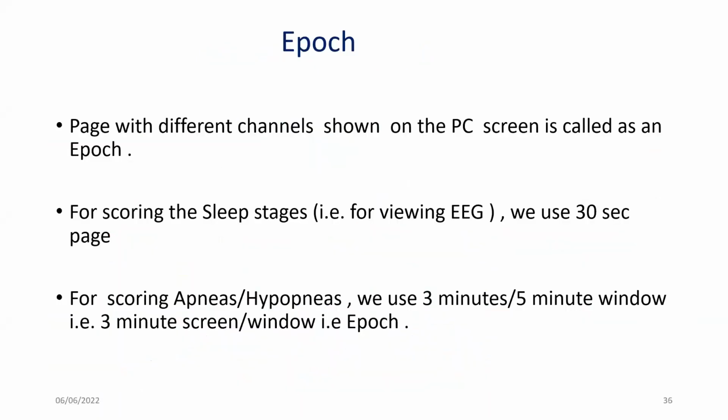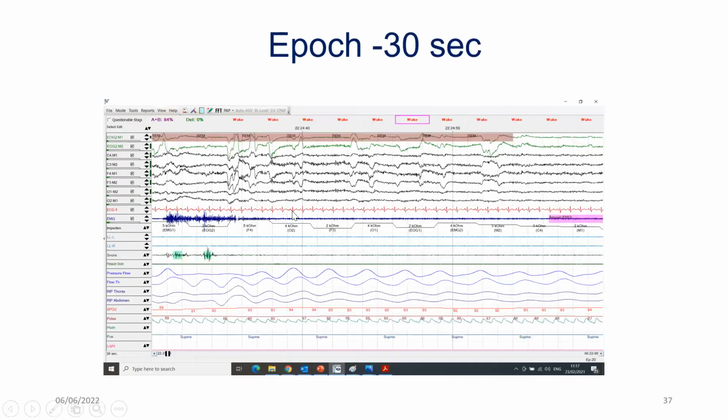Now, what is an epoch? A page with different channels shown on the PC screen is called an epoch. So for scoring sleep stages, we need a 30-second epoch. For scoring apneas and hypopneas, we need a 3-minute or 5-minute window. So this is basically an epoch of 30 seconds.